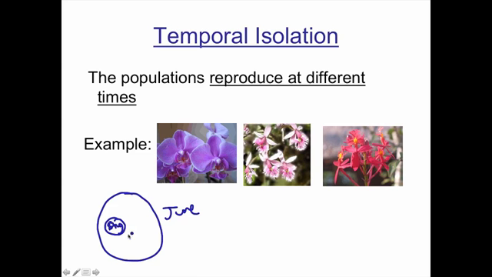These guys will only mate in June. These guys will only mate in August. We have 2 gene pools that have been created now. So even though this was part of the original whole gene pool, now we have a new gene pool that's been created. They no longer share genes so that they don't mix their alleles in the gene pools, and they start to change and become different over time. So this group that mates in June, they continue to mate with each other and they have their own unique gene pool.